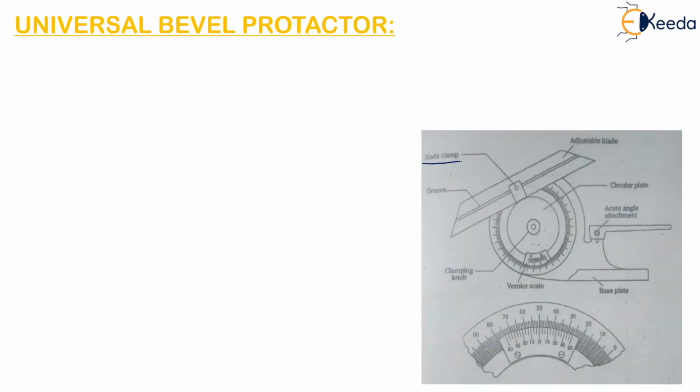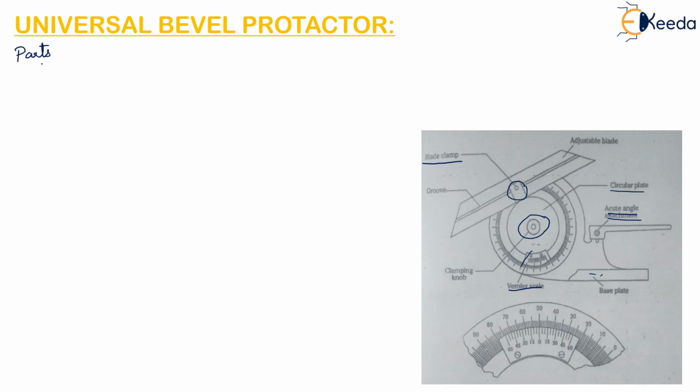There is a blade clamp with which this blade is clamped on the circular plate, and there is a groove provided here on which it can slide freely, and there is this circular plate, and there is an acute angle attachment present here, and there is a clamping knob which is used to clamp or to lock the blade in position, and there is a vernier scale here which can move along this main scale, and this is the base plate.